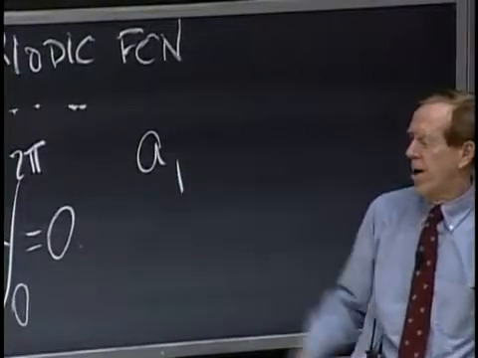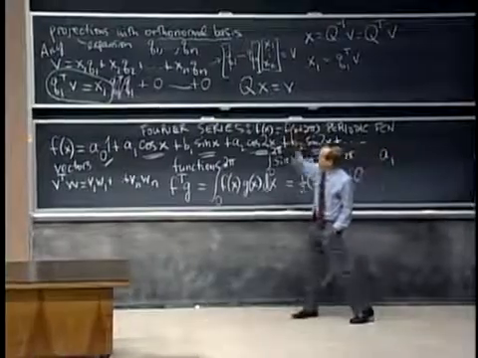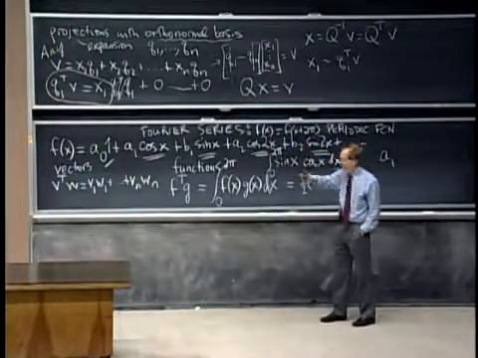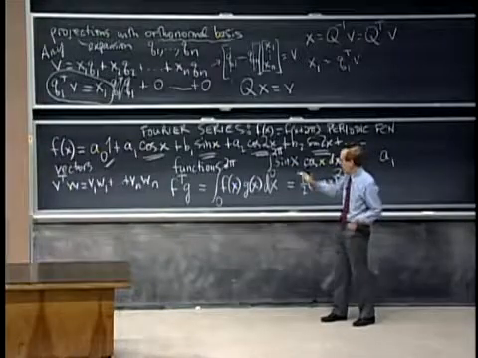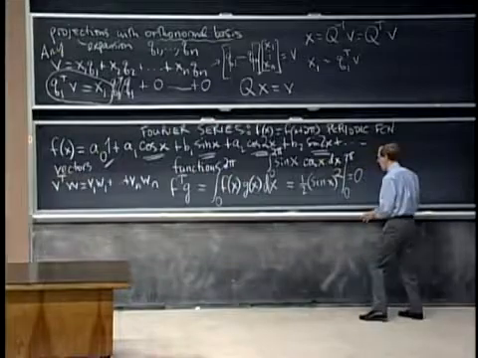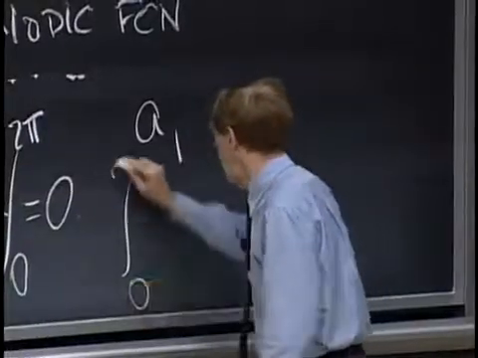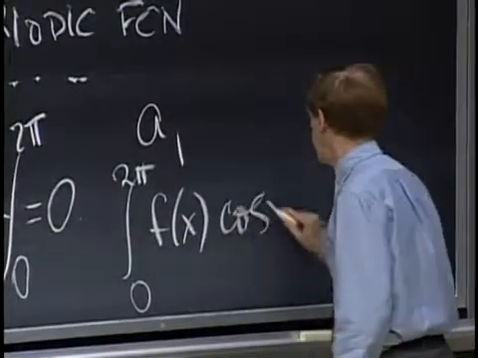The first Fourier coefficient. Okay. I do just as I did in the vector case. I take the inner product of everything with cos x. Then on the left, I have the inner product, which is the integral of f of x times cos x dx.